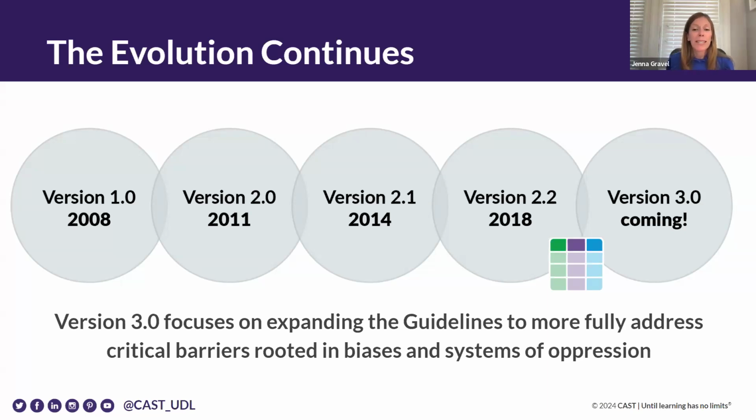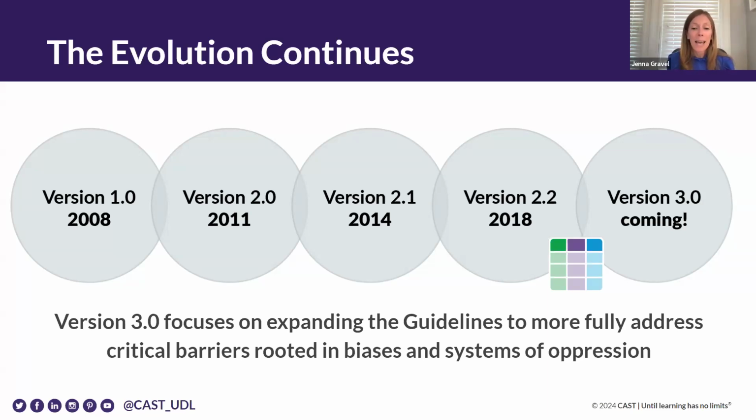The image shows a series of 5 connected circles to represent different versions, beginning with version 1.0 in 2008. And since that original version, we've developed 3 other versions reflecting different structural and content changes. And that last circle, the 5th circle, represents version 3.0.